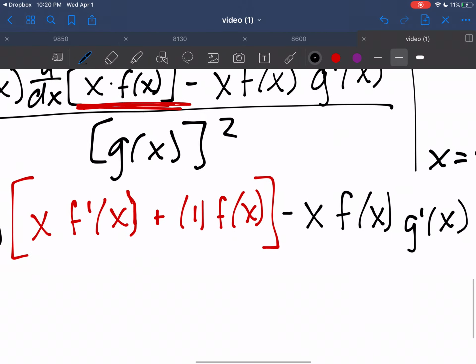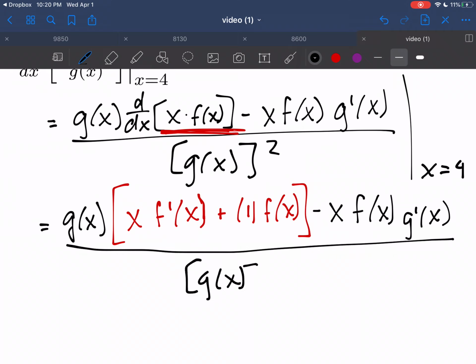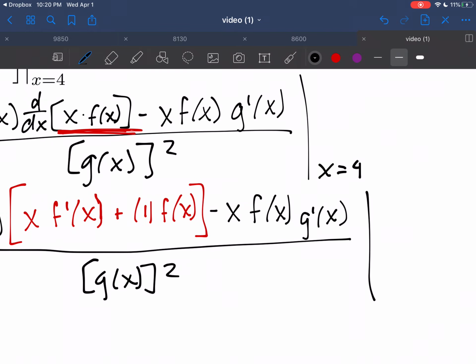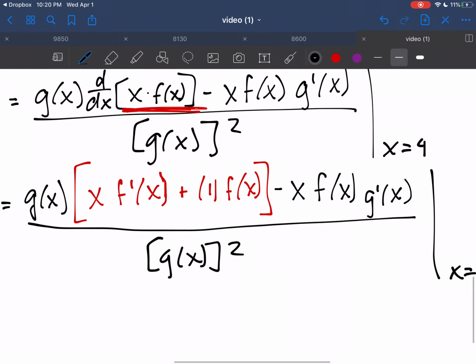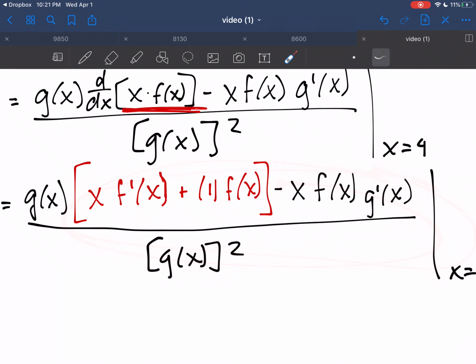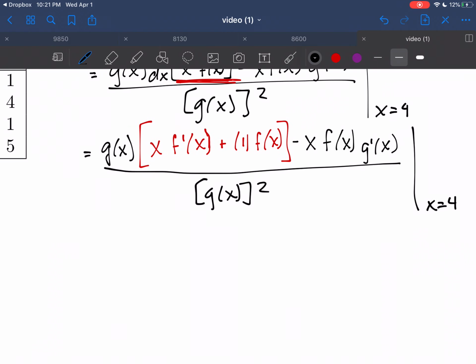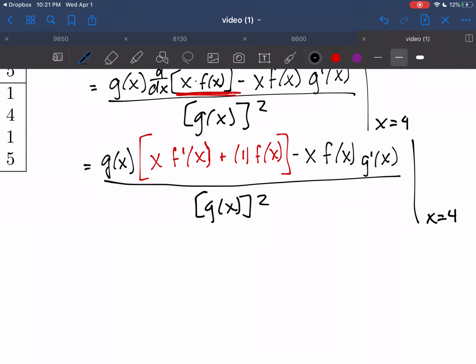All right, all that over g of x squared and evaluated at x equals 4. Okay, now we can do that evaluation step, and you can skip this step if you need to, and you can plug the 4 straight into this step. Totally fine, but I figured for the first time going through one of these where we have to do both of them especially, it'd be easier to do it in 2 separate steps.